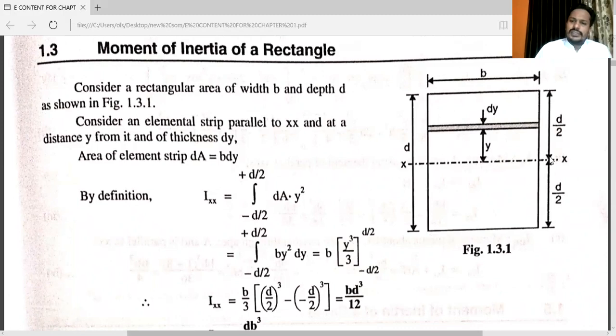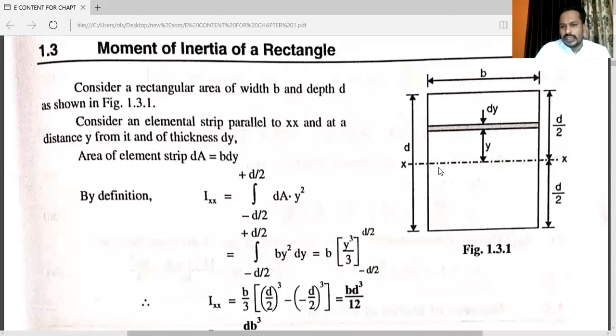See, XX is passing through the centroid point, where diagonals of the rectangle cut each other, that is your center point, and XX is the horizontal axis passing through the centroid point.